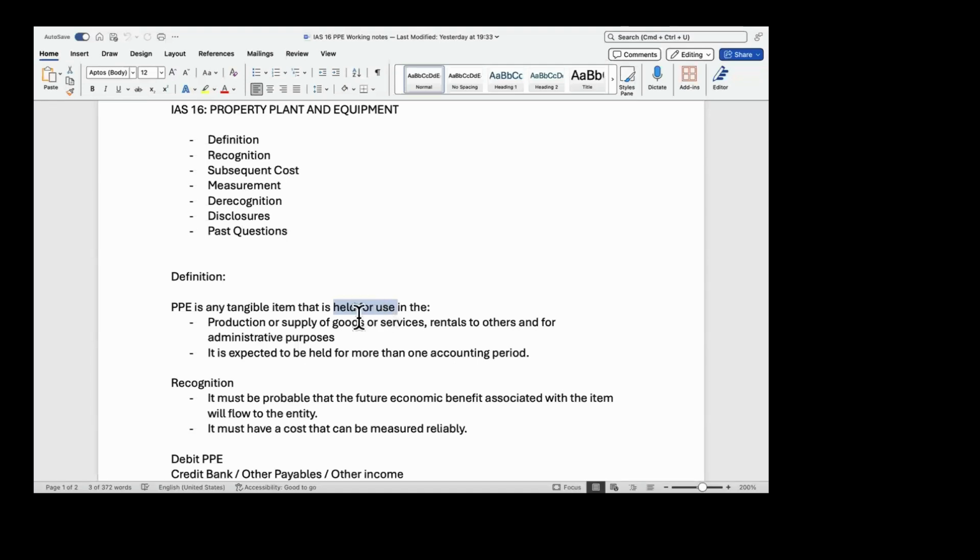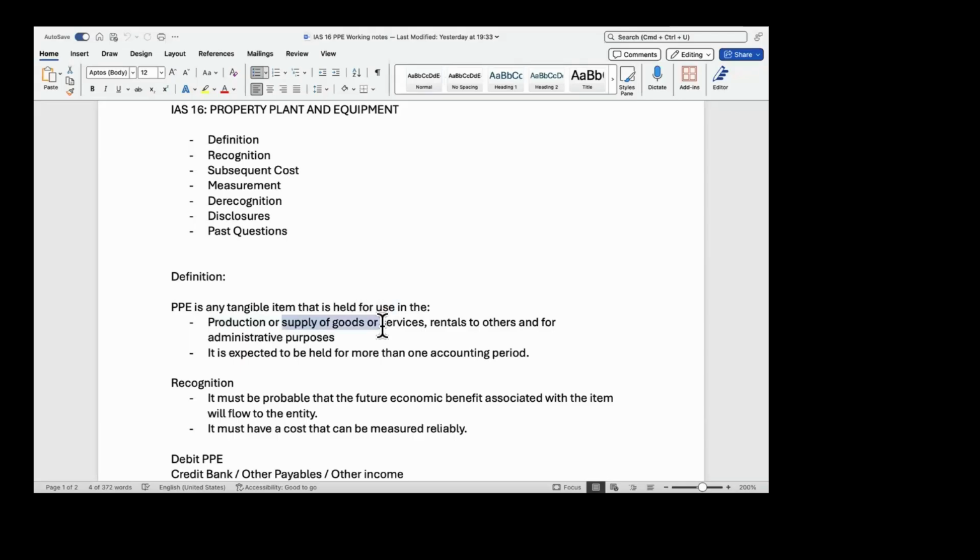What are you using it for? Production or supply? You all know what production is. Anything you are producing in your business, that equipment, that item that is facilitating that production is PPE. Or supply: any item that you are using to supply your goods or services is PPE.